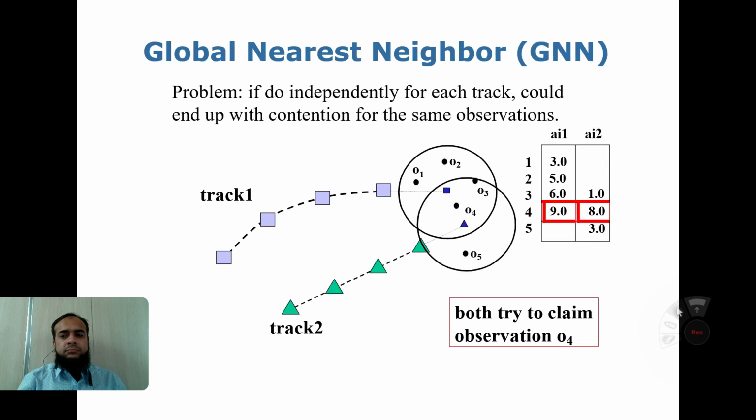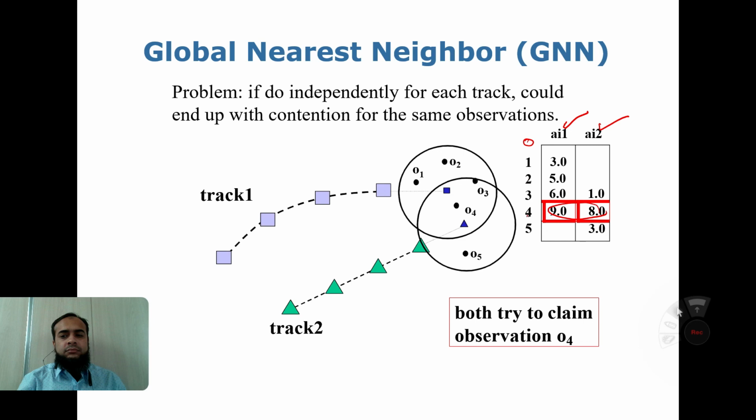Suppose there are two tracks. Then we should calculate a_ij for track one. This is track one, and this is track two. Here the maximum value for track one is 0.9, and here the maximum value for track two is 0.8. But this belongs to the same observation. This is observation one, O1, O2, O3, O4, O5.